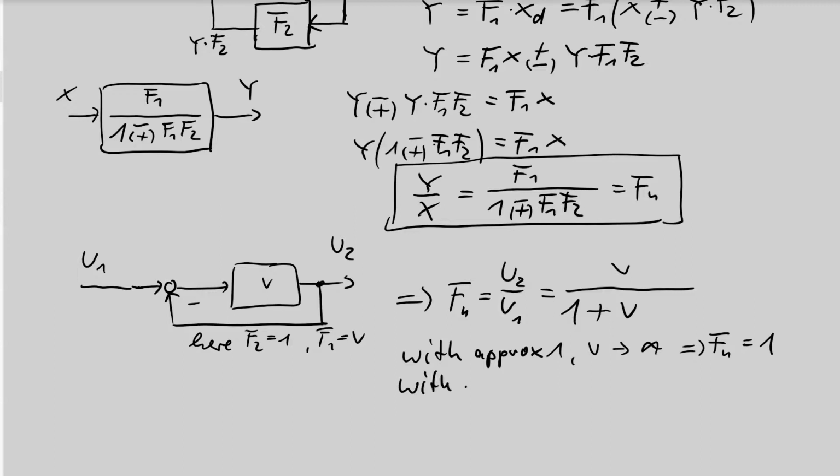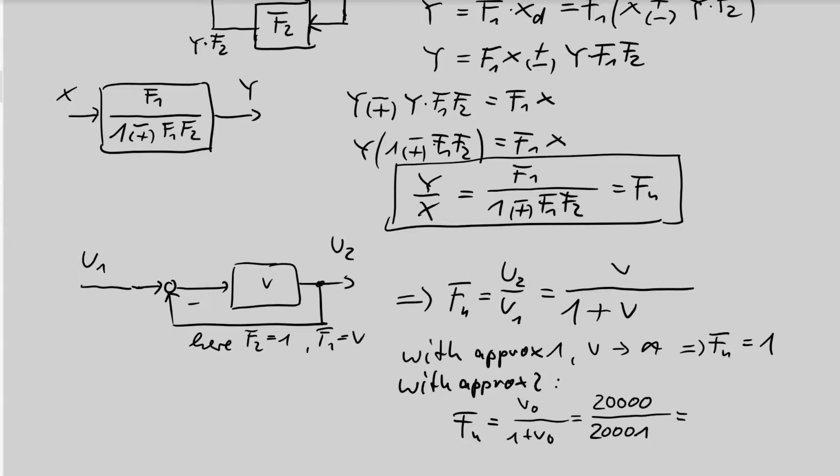With approximation 2, what we get is this: Fn is V0 divided by 1 plus V0, and if V0 is the guaranteed gain of the MU-A741, which is 20,000, then you see, okay, this is nearly 1, but not exactly 1.